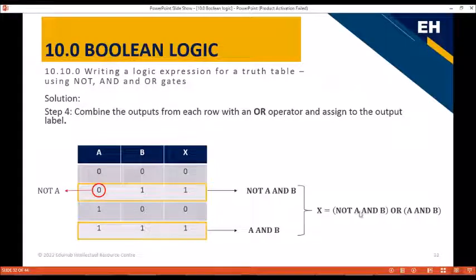So you have to take note that this is the first expression gotten, and we are combining it using the OR gate with the second expression gotten. It's always recommended that you enclose each of the different expressions in parentheses.